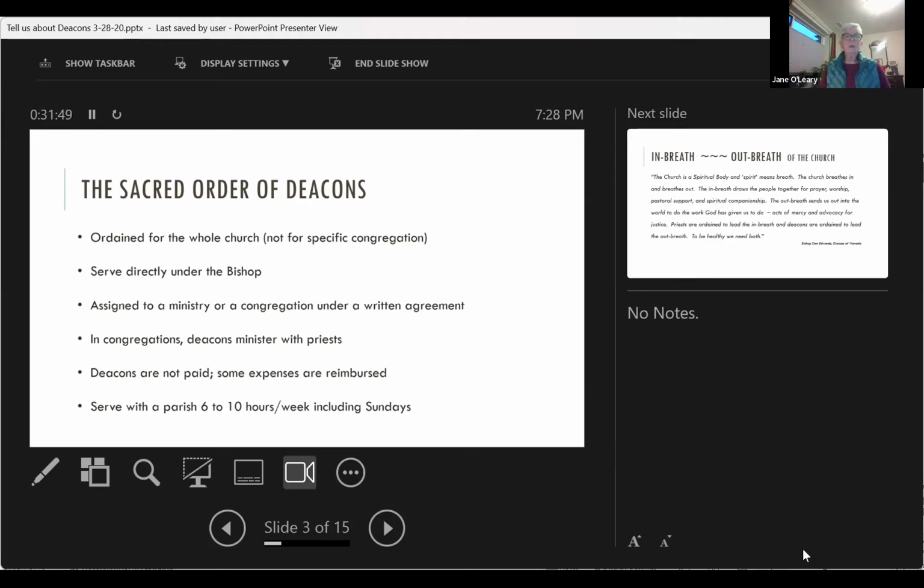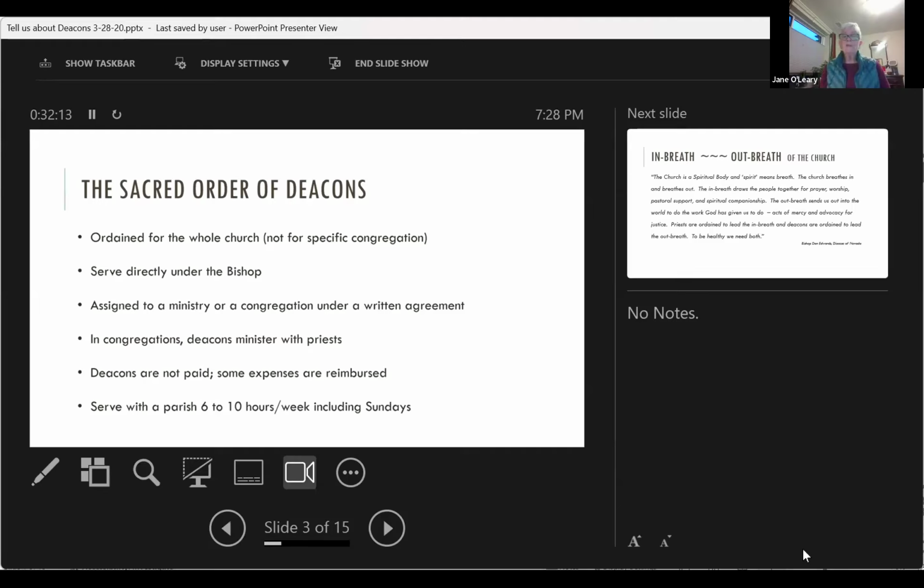So the way it works in our diocese is that there are deacons, and the bishop decides, the archdeacon implements the assignment of deacons to various parishes. And they are assigned under a written agreement.